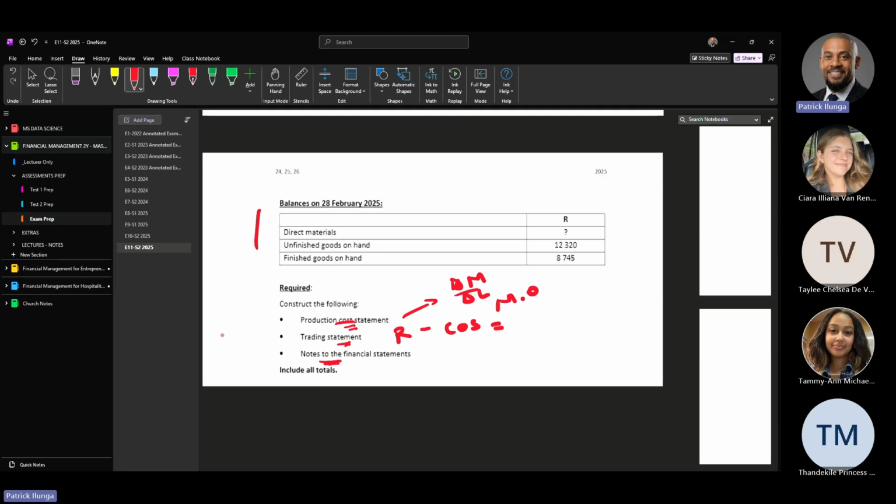Because the notes will always be opening balance, the actual direct material that we purchase during the period, and the closing balance. So my question is, what is going to be plus? What is going to be minus? When you are taking your notes for direct material, what will be plus? What will be minus?